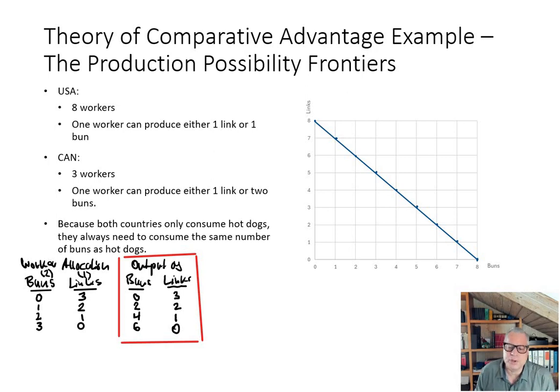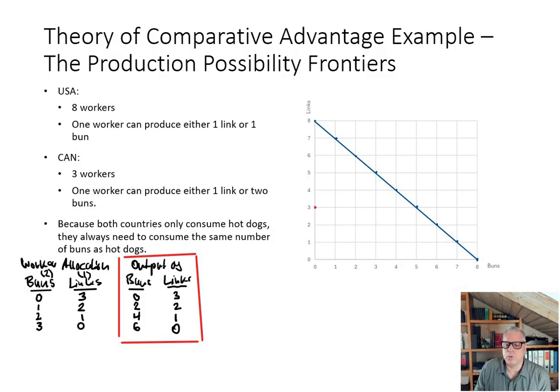And what we do is we convert that again into a production possibility frontier. Okay, so I hope it is clear how we got to those tables, and now what we do is we just convert it into a graph. Okay, so I can have 0 and 3. Let's make Canada. Okay, so that's this one.